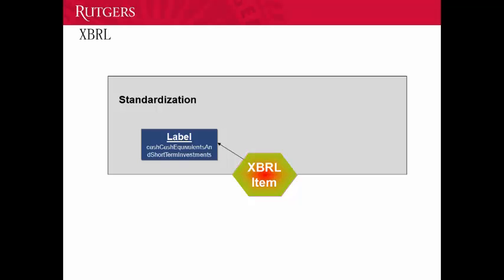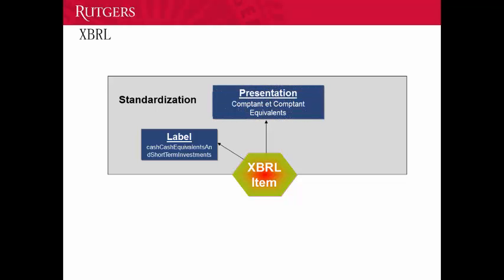Because each XBRL element has its unique label, which can be presented in different languages. For example, here is cash and cash equivalents, and it can also be presented in other languages, like this, and this.